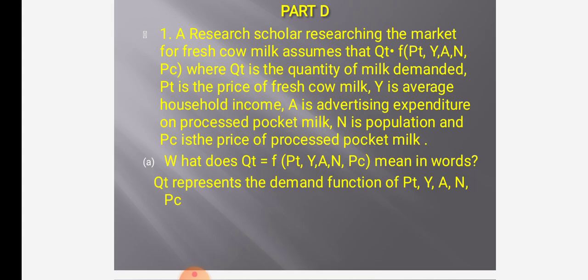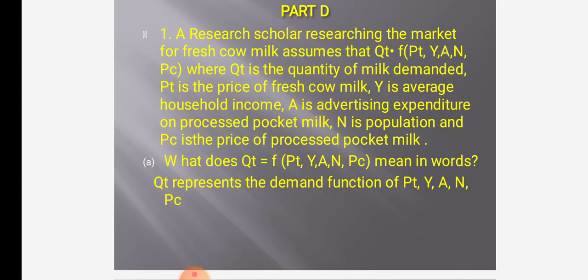Here, PT is the price of the product, the price of fresh cow milk. Y is the income of the person. A is the advertisement expenditure, N is the population, and PC is the price of the processed packet milk.